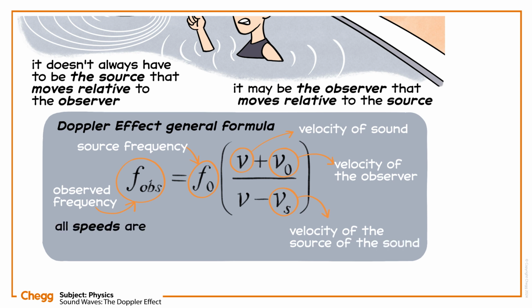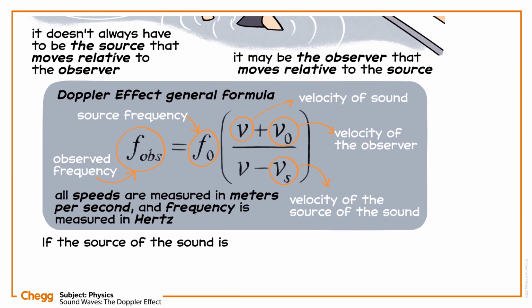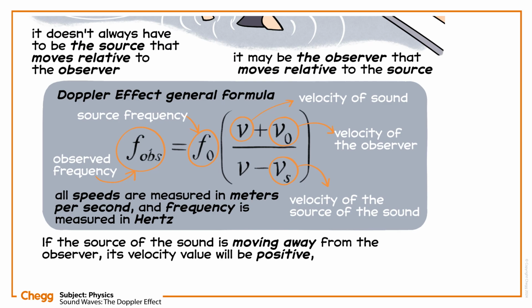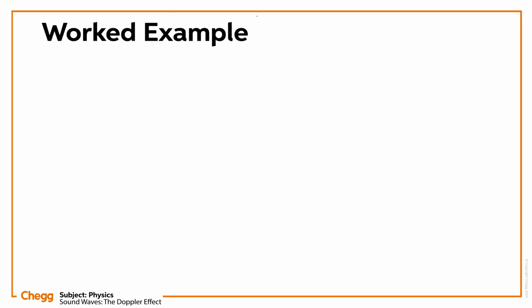Note that all speeds are measured in meters per second, and frequency is measured in hertz. If the source of the sound is moving away from the observer, its velocity value will be positive, and vice versa. Let's try using this equation.